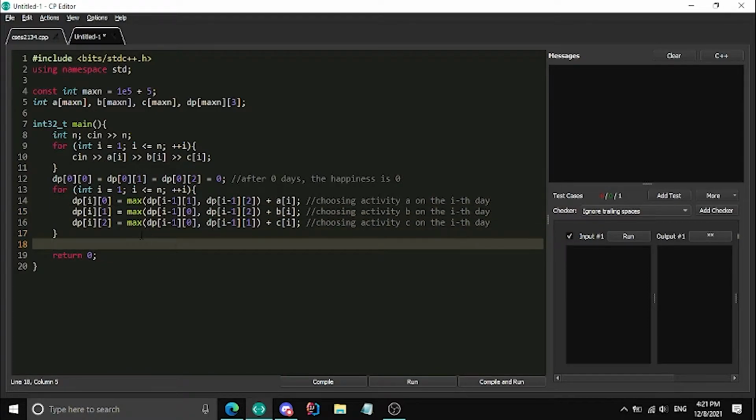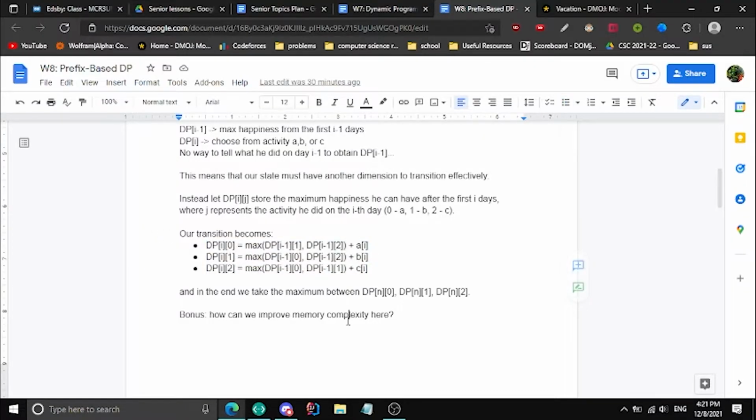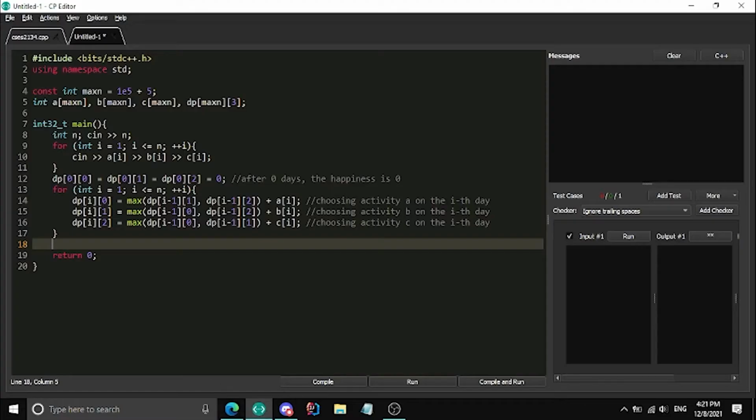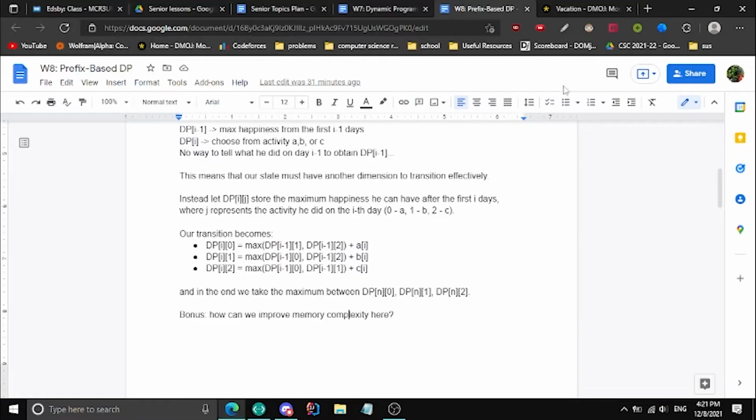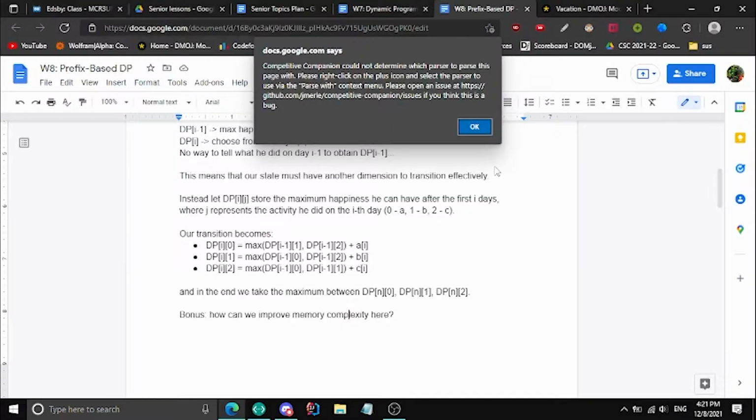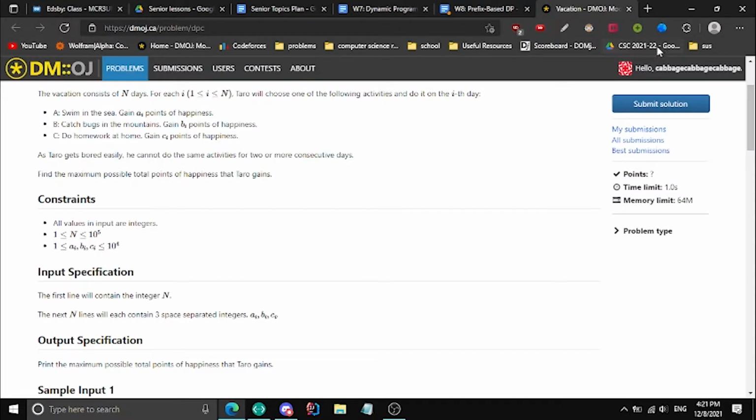And so finally, we're going to get values dp at n at 0, dp at n at 1, and dp at n at 2. And so you're going to output the maximum between those.